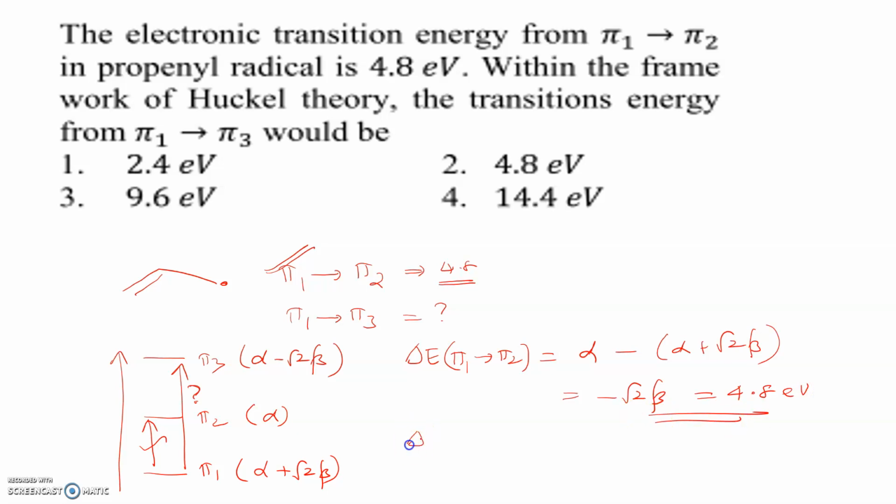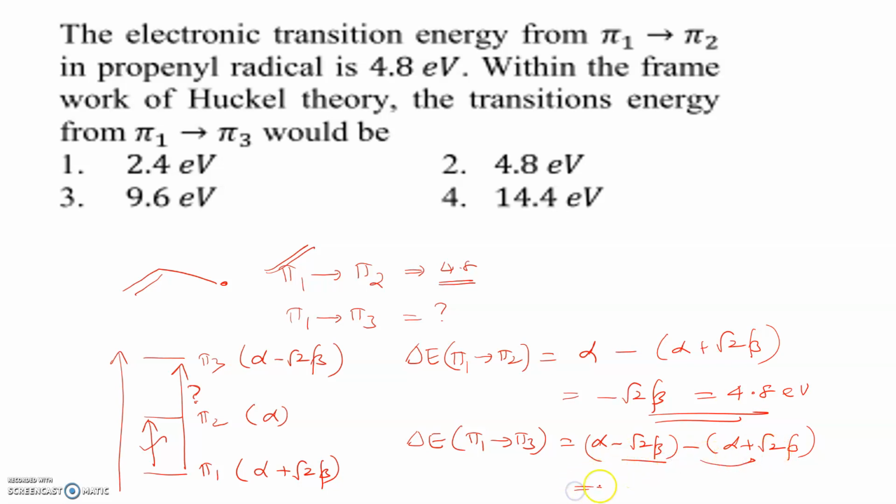Now we need to calculate delta E for pi 1 to pi 3. What is the difference? Higher level energy is alpha minus root 2 into beta, minus lower energy alpha plus root 2 into beta. Alpha cancels, minus root 2 beta. Here also you get minus root 2 beta.